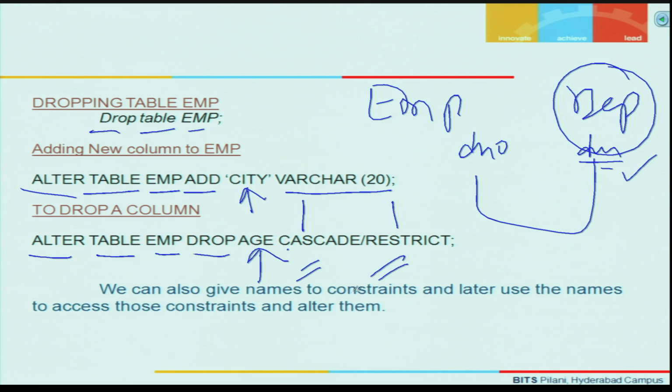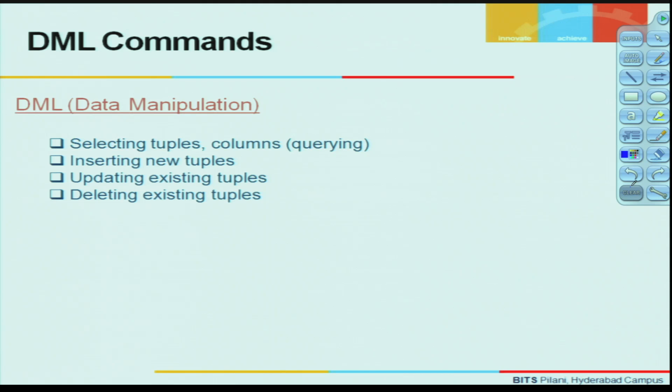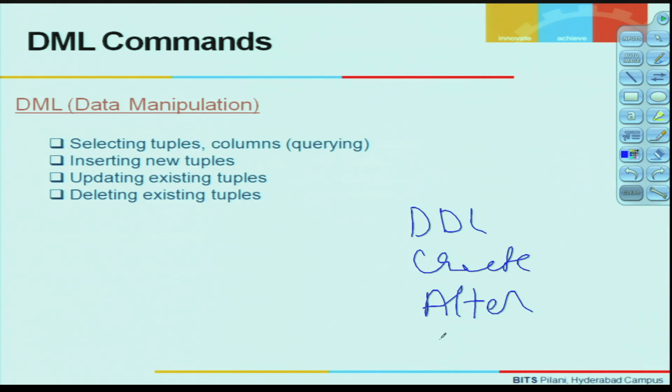We can also give names to the constraints, what we have seen, and later use the names to access those constraints with an intention to alter them, that we can do. First we have seen the DDL commands, how to create structures, how to alter them, and how to get rid of the defined structures using drop.